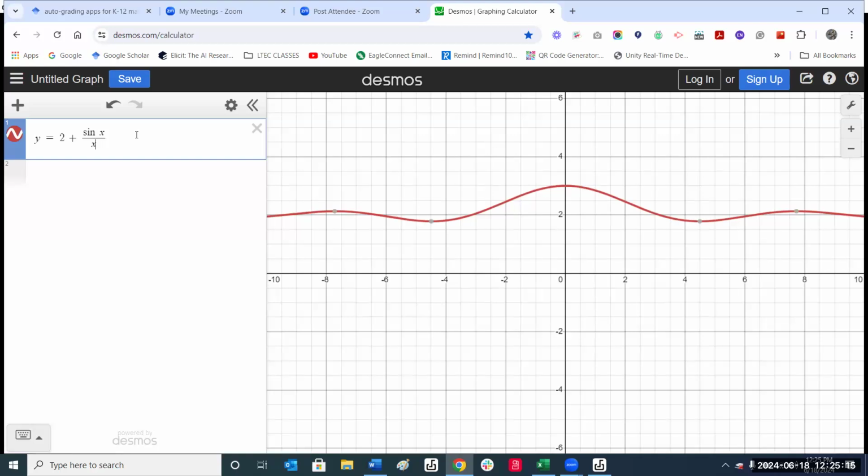There's the graph. Remember, our answer was 2, so the 2 is the horizontal asymptote.